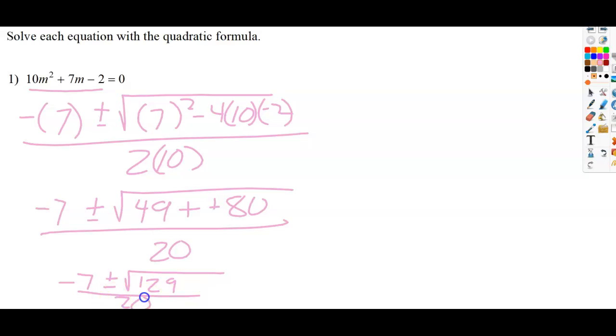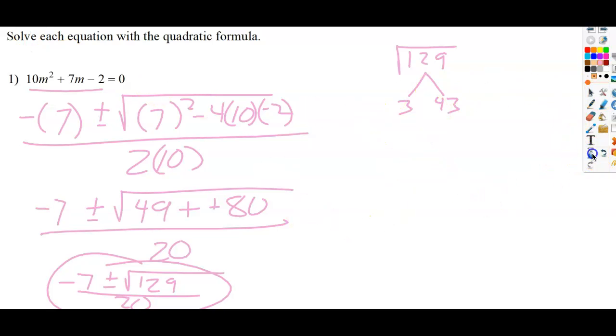At this point, we try to break down our square root if we can. I know that 3 is going to go in there 43 times, and 43 is a prime number, so I can't break that down anymore. There are no pairs inside of this number, so it's just going to stay like that, and that's our answer. But you do need to know how to break them down.